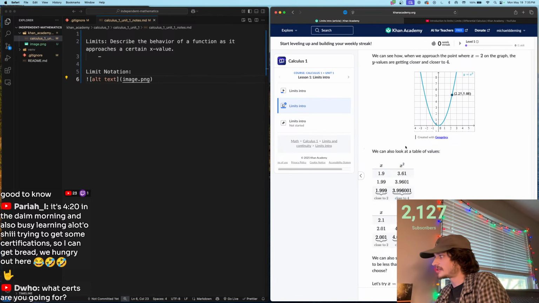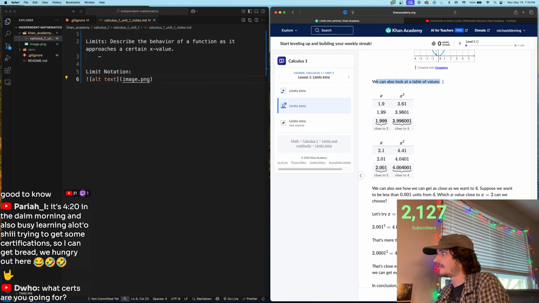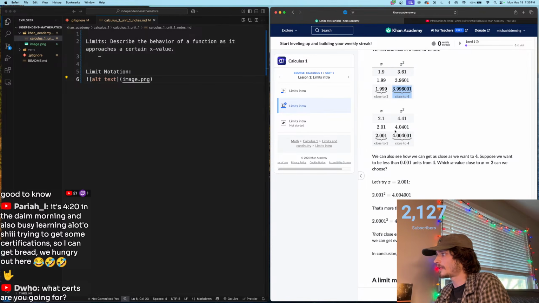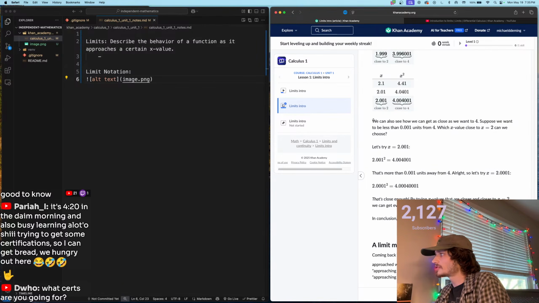We can also look at the table of values. X squared is getting closer and closer to 4. We can also see how we can get as close as we want to 4. Suppose we want to be less than 0.001 units from 4. Which x value close to x equals 2 can we choose?